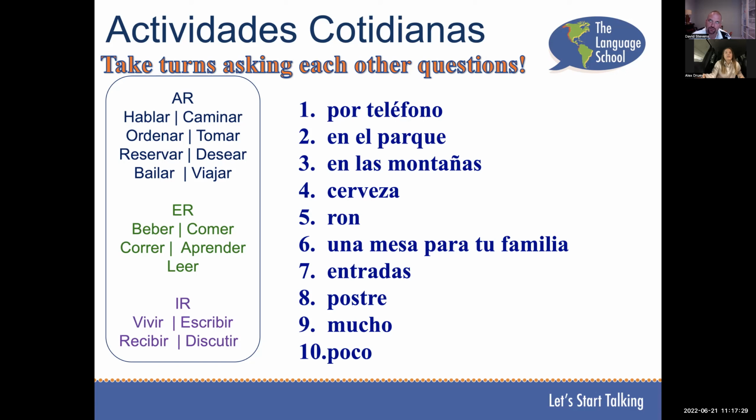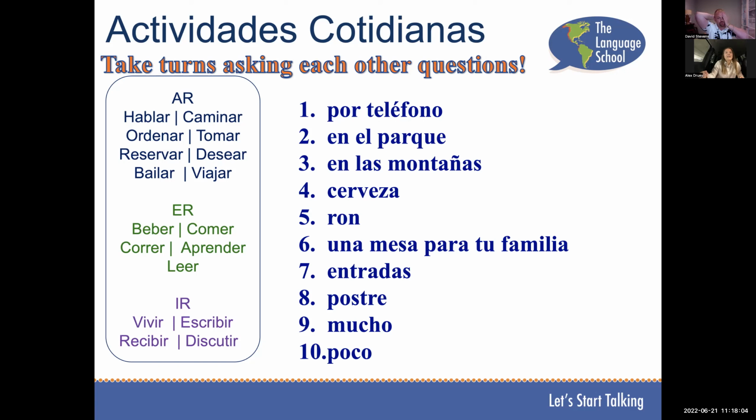Hablas por teléfono. Sí, hablo por teléfono. Corres en el parque. Sí, corro en el parque. Viajas en las montañas. Sí, viajo en las montañas. ¿Bebes cerveza? No, no bebo cerveza. ¿Deseas ron?